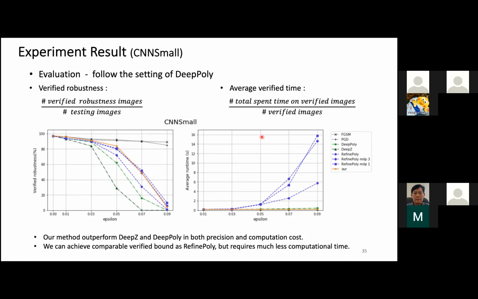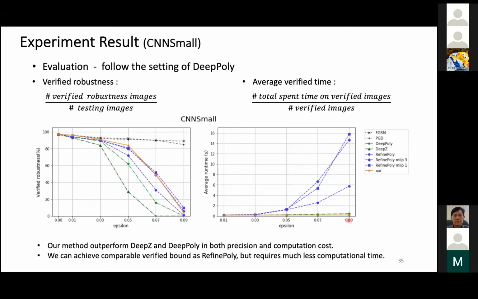But let's see the right figure. It measures the average verified time here. In these figures, we hope the method spends as little time as possible. We can see that the orange line is ours, and RefinePoly 3 is this line. As the epsilon setting gets larger, we can see that RefinePoly spends 10 times more than ours.